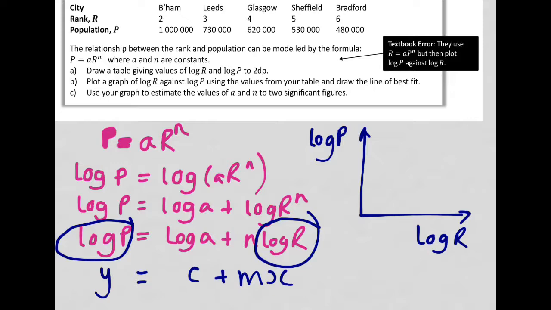And so what it asked you to do is plot a graph of log a against log p, and quite rightly he said it should be log p against log r.